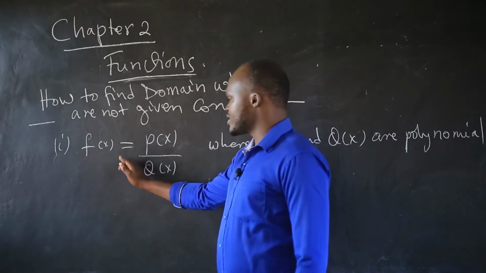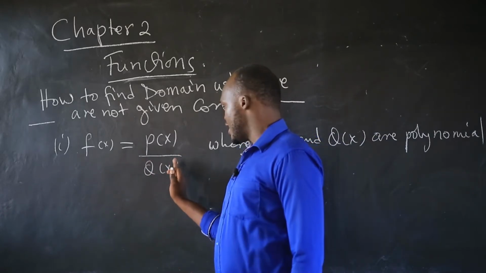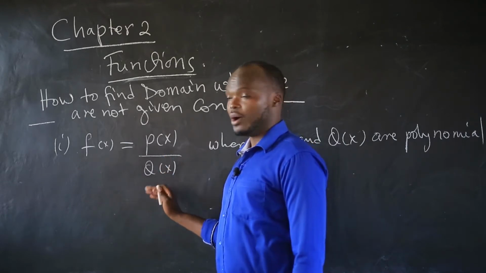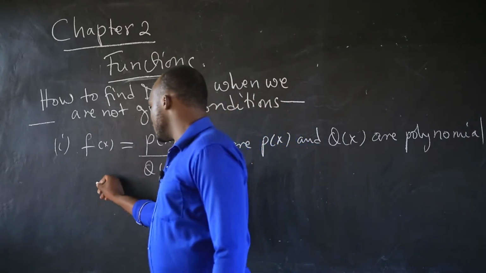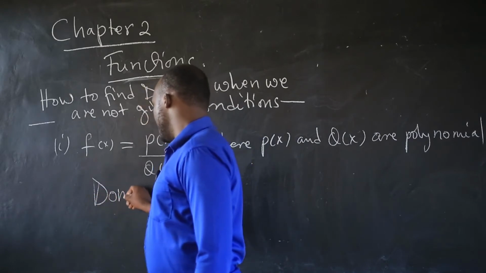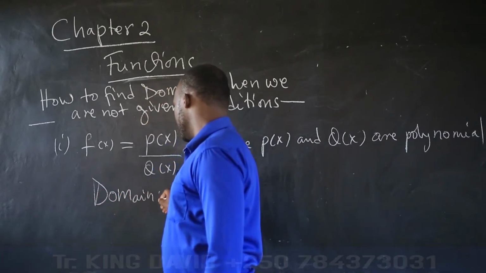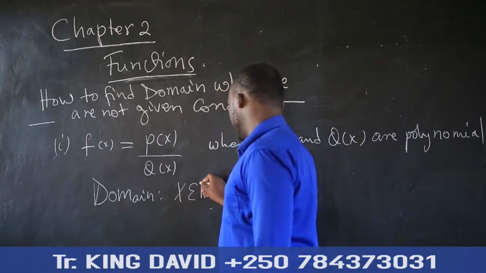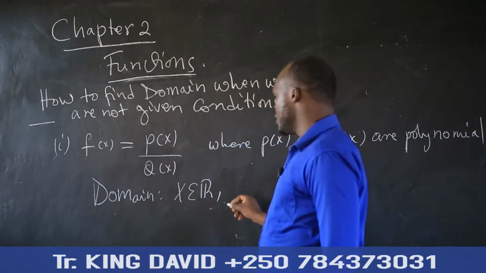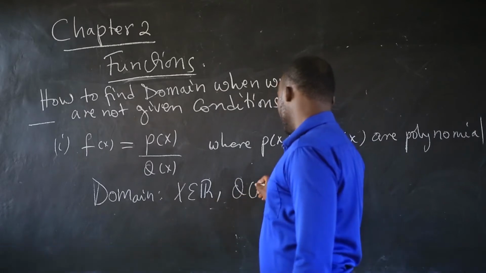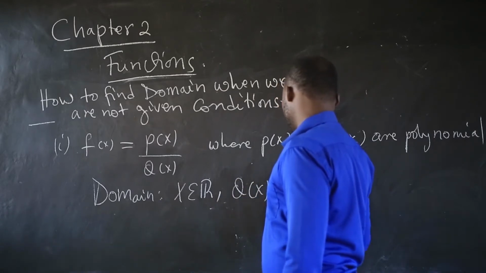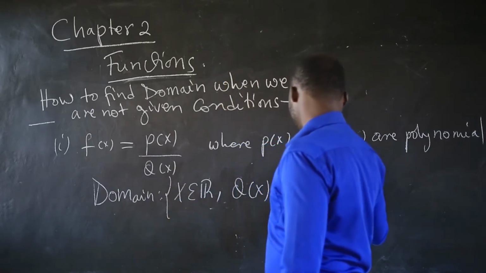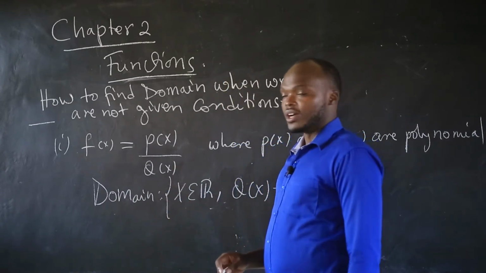So for a function which has a numerator and denominator, where those are polynomials, the domain of definition is: x is a member of the real numbers such that q of x must be different from 0. So that's how we can do it.